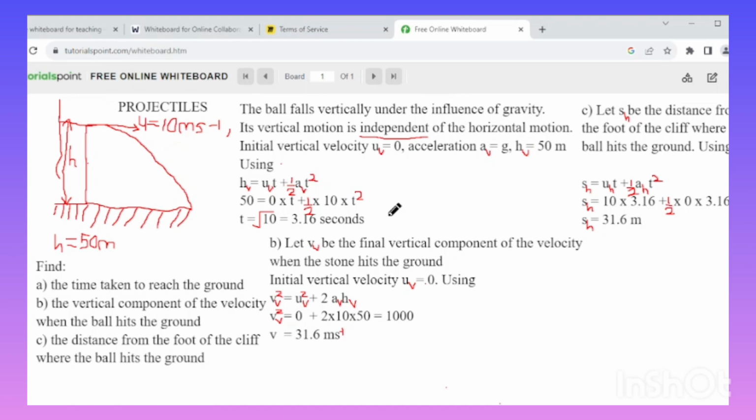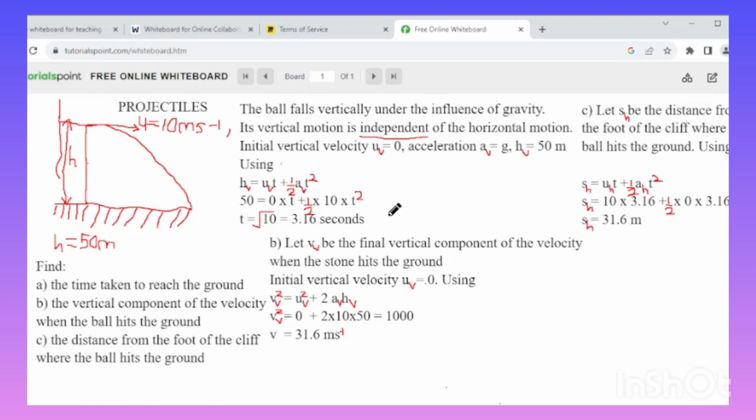Two, the ball is also moving forward away from the cliff. So simultaneously and independently, the ball is performing vertical motion and horizontal motion.